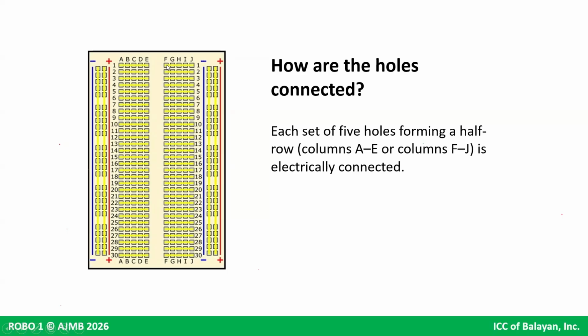Okay? But yung F1, G1, H1, I1, J1, yes, they are connected with each other, but not across. So yung A1 is not connected to F1. B1 is not connected to F1 and the rest of the 5 holes here. So if you want to connect them, kailangan mo mag-wire across the center gap or the bridge.